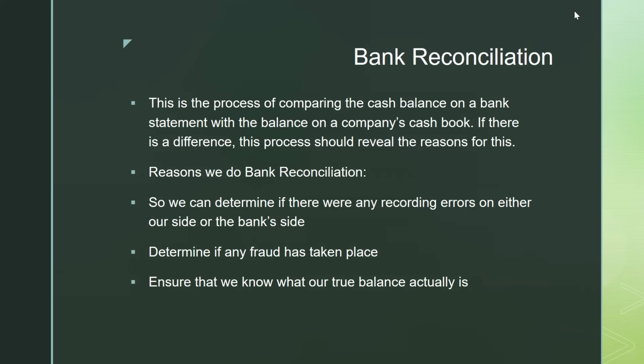We're going to look at bank reconciliation first. So as you all know, our cash book records all of our cash and all of our bank transactions. Right now, we're focusing on the bank transactions. Once we have a transaction that involves our business bank account, it goes in our cash book.